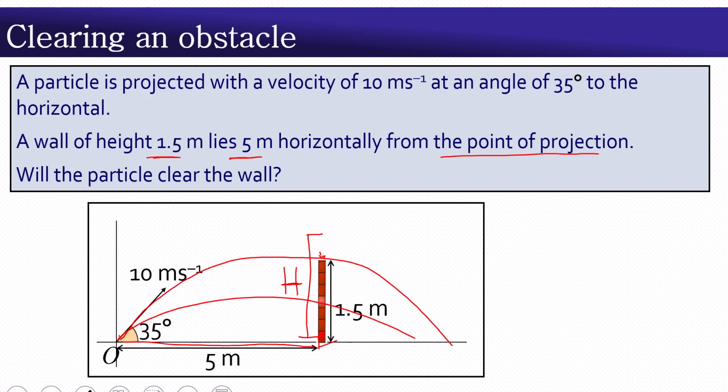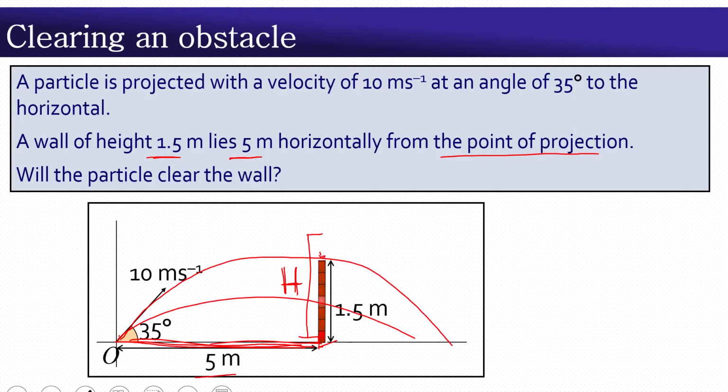So let's see how we calculate this height at which the particle will be when its horizontal displacement will be 5 meters. We are going to use the second equation of motion, and we're going to consider horizontal motion because we want to find the time taken by the particle to reach 5 meters horizontally.